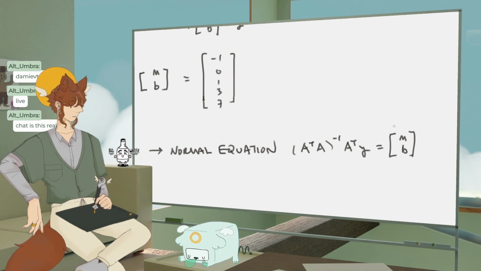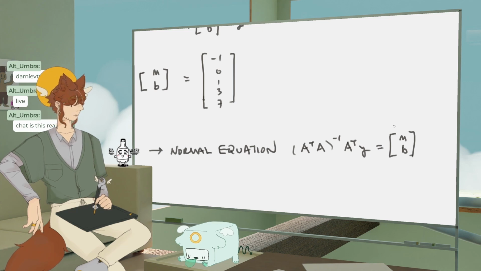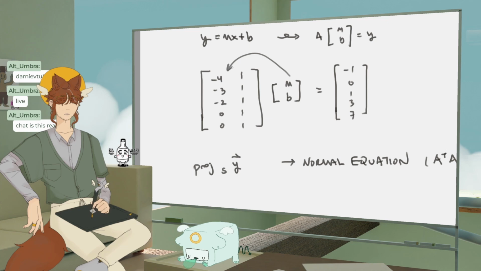So let's do a check. It's gonna be a linear combination of the columns of A for sure. But is that? Oh yeah, that would be right, because we have a certain amount of X and a certain amount of B, and B is 1, so that'll be M times something plus B essentially.